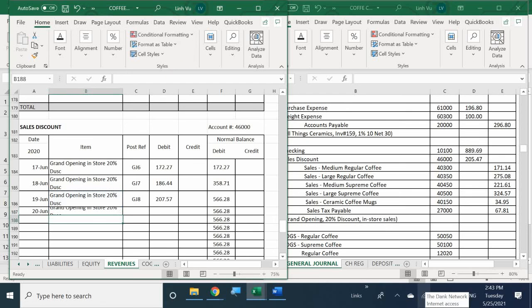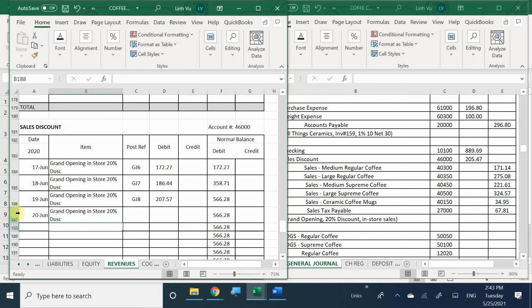Still putting the items, grand opening, general journal number 9. And this time we're going to debit for $205.47. I was going to say 74 cents. And my running balance is incorrect.